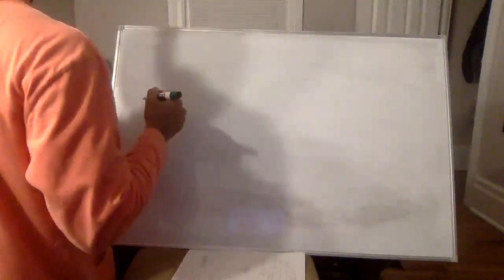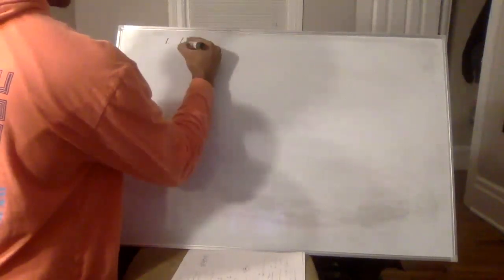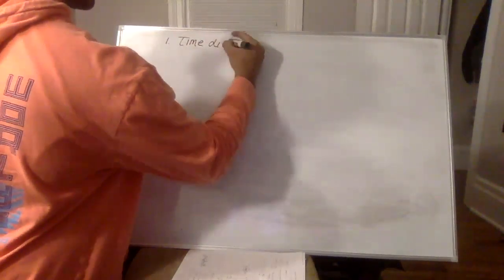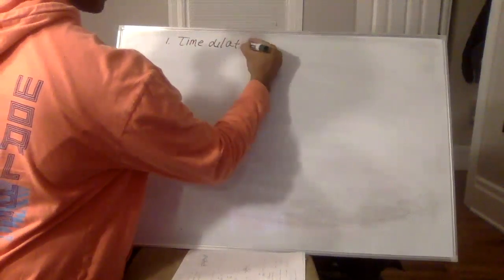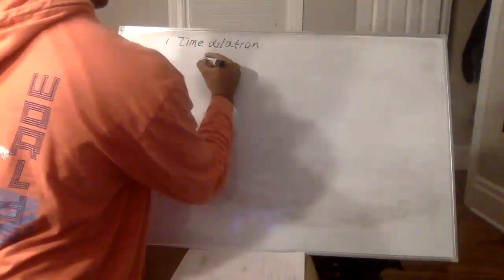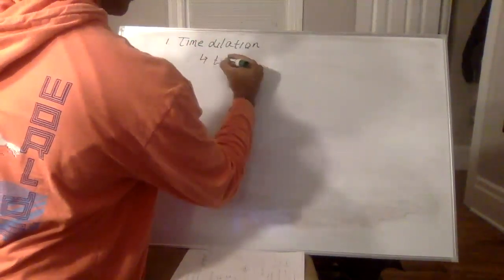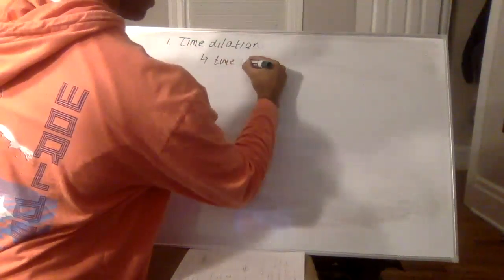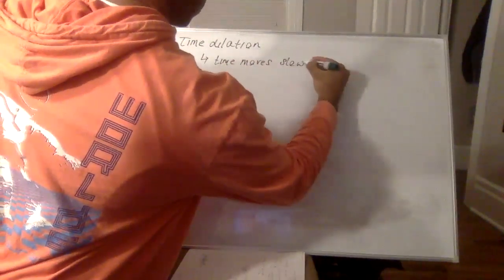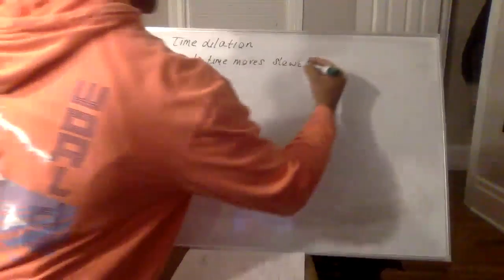What we call two things called time dilation. One, the time dilation, which is the idea that time moves slower in a moving reference frame.